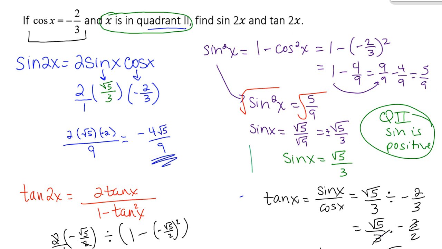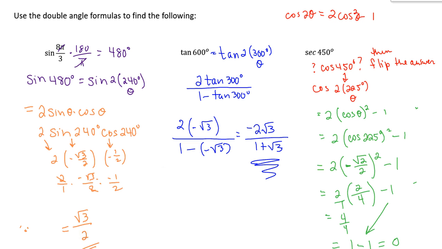Okay, now I realize that I made a mistake in the previous problem on this one right here. In the middle, I didn't do the squared. Shame, shame. So I made a little mistake right here. It's supposed to be squared. So 2 times negative square root of 3, that's okay, divided by 1 minus negative square root of 3 squared. That makes a big difference.